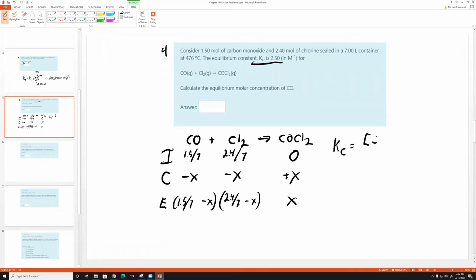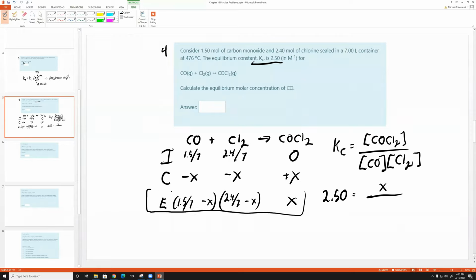Kc is the concentration of COCl2 at equilibrium divided by the concentration of CO at equilibrium times the concentration of Cl2 at equilibrium. And we can convert this into our numerical values. Since we know what Kc is, 2.50 equals the concentration of COCl2, which is going to be x, divided by our concentration for CO, which is what we're looking for.